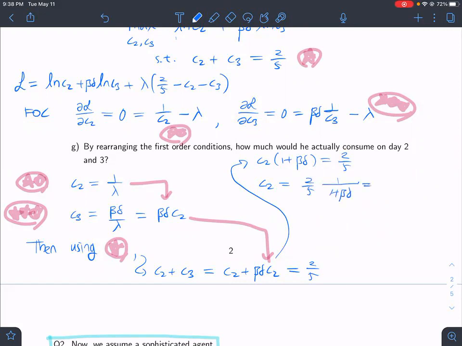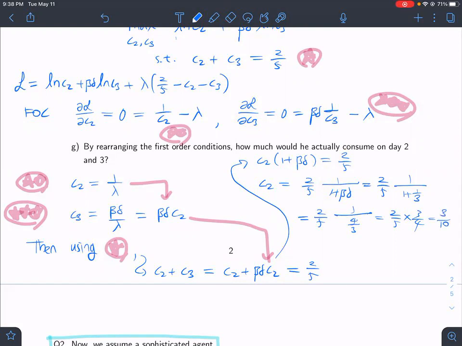And then this is 2 over 5 times 1 over 1 plus 1 over 3. So beta is 1/3, delta is 1. So we have 2 over 5 times 1 over 4 over 3, which is 2 over 5 times 3 over 4, which is 3 over 10.